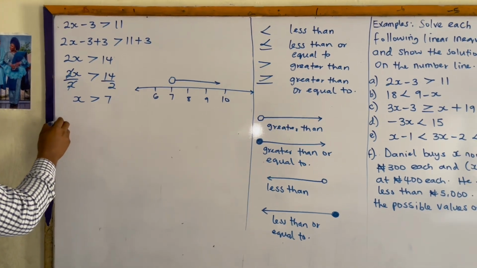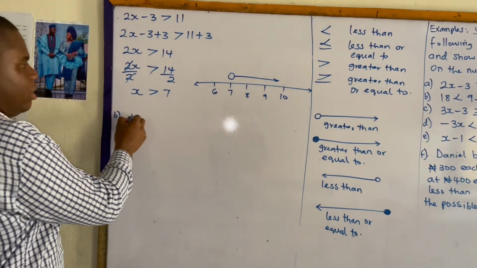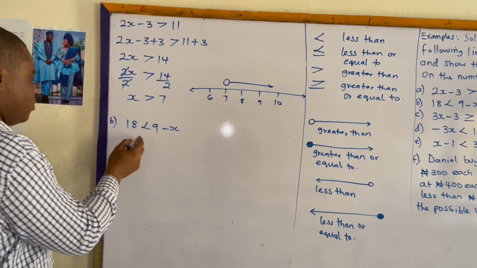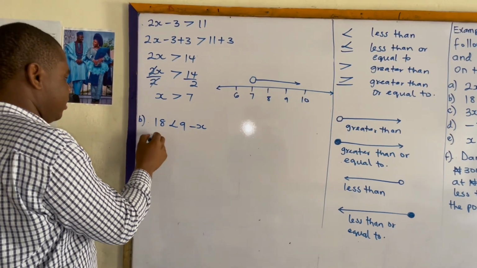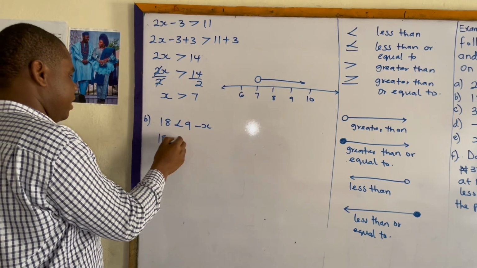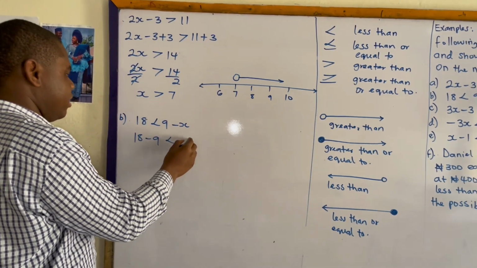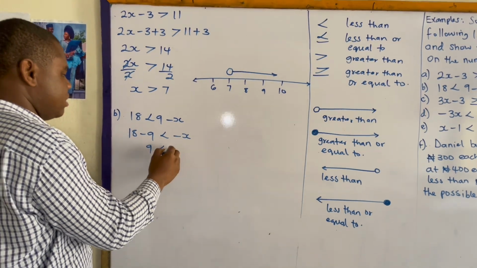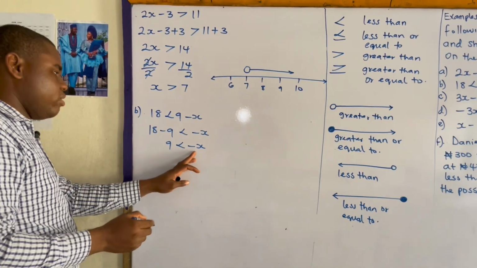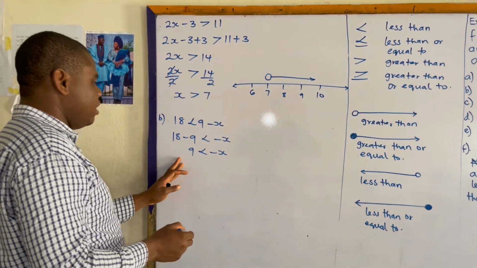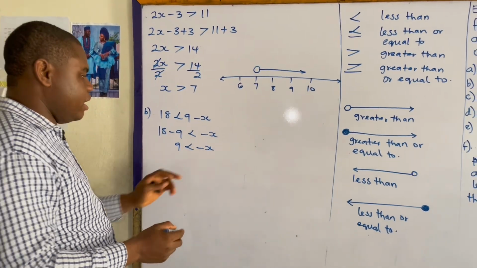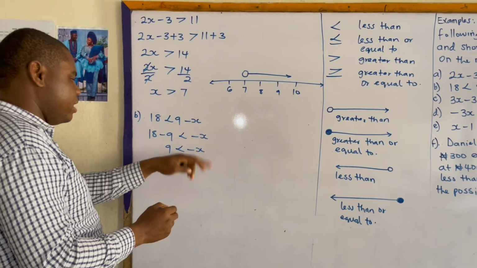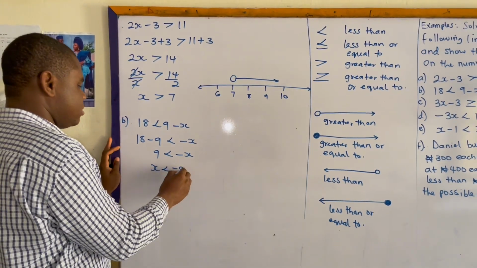So the second one we have 18 is less than 9 minus x. So I will have 18 minus 9 is less than minus x. So 18 minus 9 is 9, is less than minus x. So I can take minus x to the left hand side and 9 to the right hand side. So minus x to the left hand side will turn to x, then 9 to the right hand side will turn to minus 9.